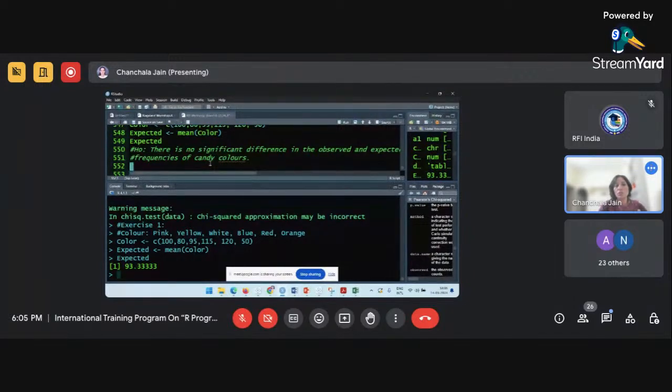When the difference is significant, that is an alarming situation, and you need to consider it and take a decision accordingly. But when the difference is not significant, you can go for any of the choices. Is it okay, sir?